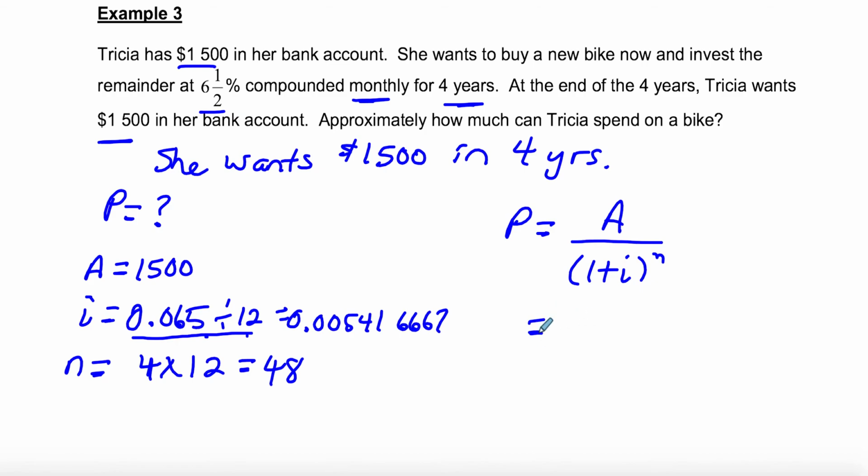the final amount that she wants to have is $1,500. And here I go with my decimals. 0.054166667. And then that is to the exponent 48.